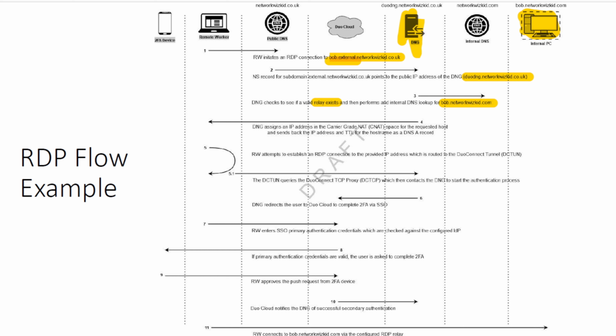And again, we'll look at that when we start to configure, in a few slides. So based on the IP address that's been provided, that remote worker here tries to establish that connection with the RDP host, and this arrow is just essentially saying that the flow doesn't leave the machine, because we've got that application on the machine, which then in 5.1 the Duo Connect tunnel queries the Duo TCP proxy, which then contacts the DNG to start the authentication process.